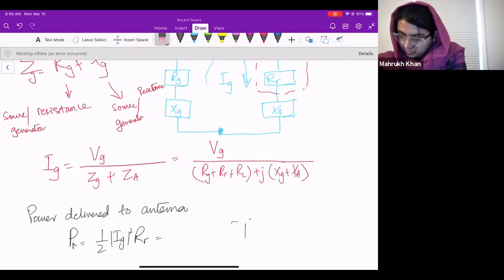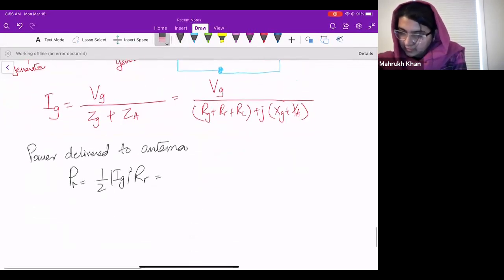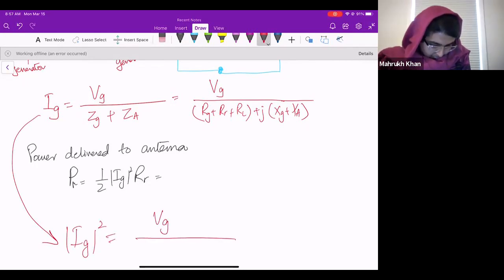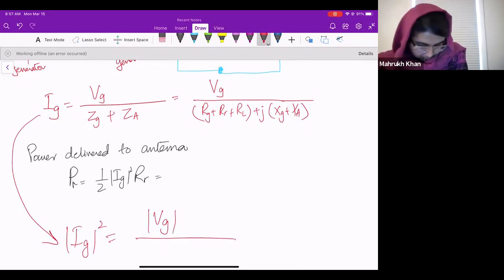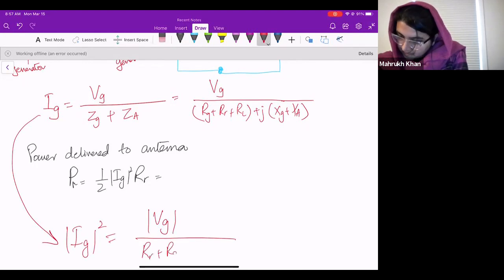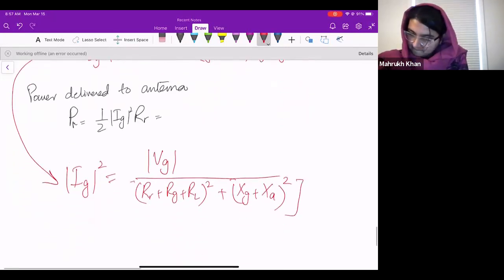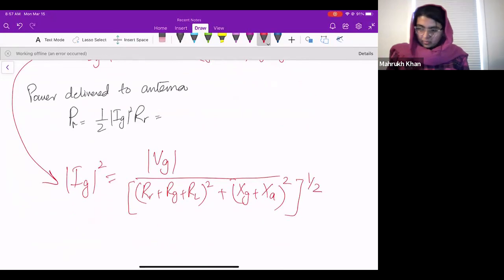Sorry, I should not make it difficult. First, I should write, so this needs the magnitude of IG square. And the magnitude of IG square is... okay.